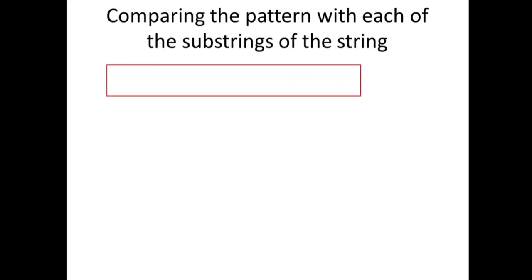So let me draw the substring. 1 2 3 4 5 6 7 8 9 10 and 11. Let me write the value of the string, that is Maharashtra, one of the states of India.